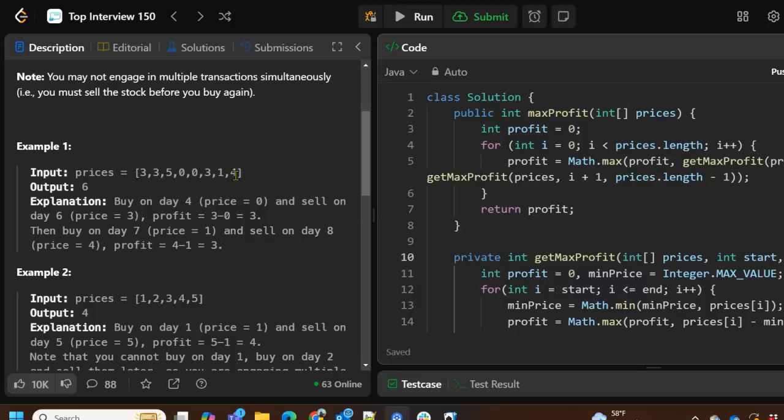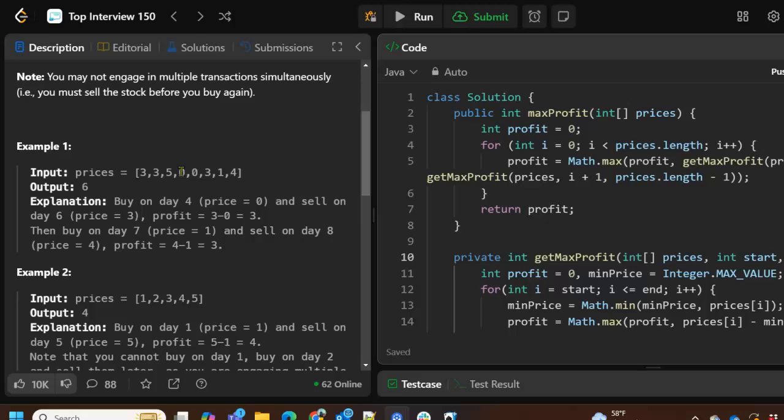Yeah, then buy on day 7 at 1 and sell on day 4. So it's two transactions. You make 3 units, dollars a piece.